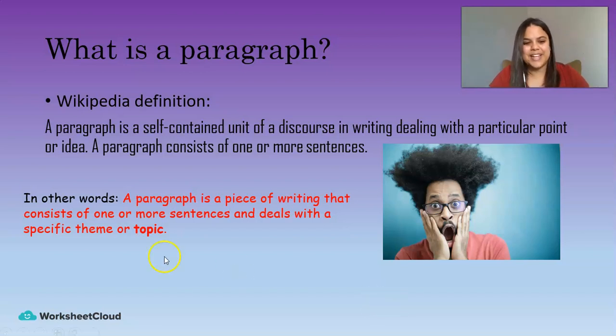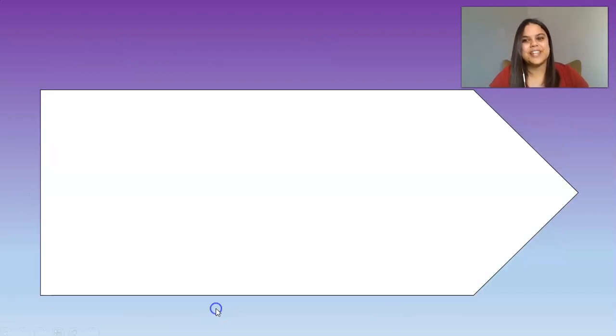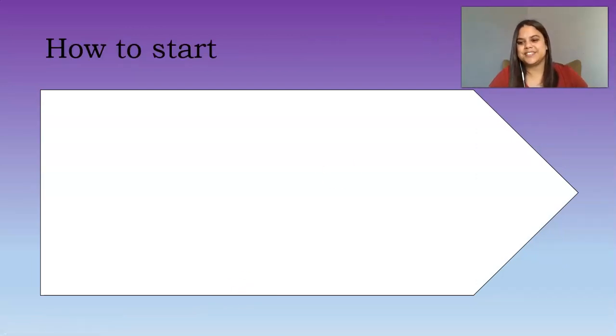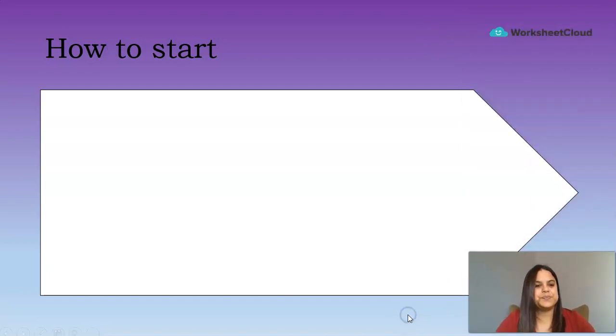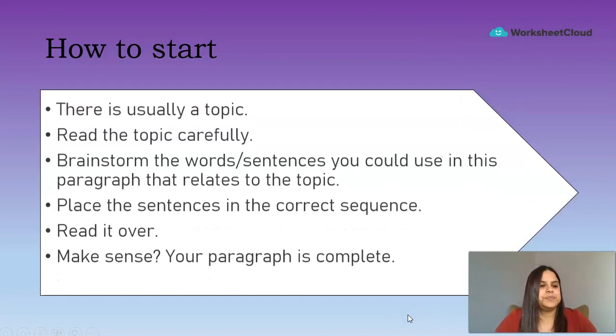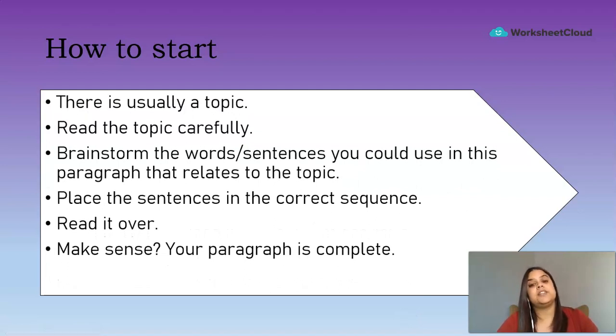So, let's move on. How to start. There is usually a topic. Now, when your teacher asks you to write a paragraph, sometimes it can be free verse. If you're writing in your journal, it can be about your day and how you're feeling.